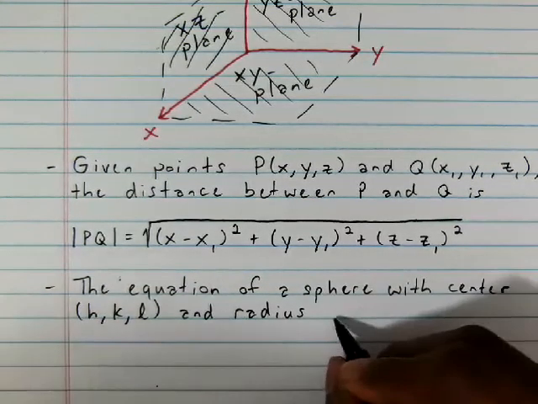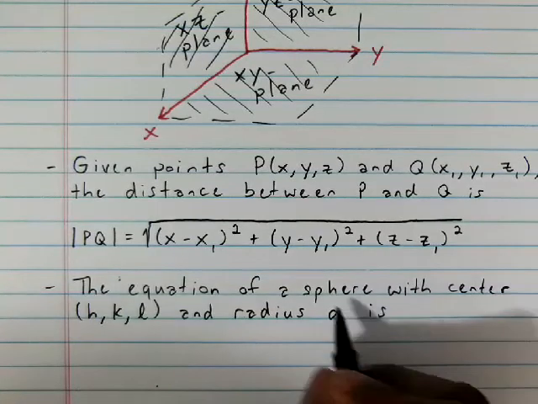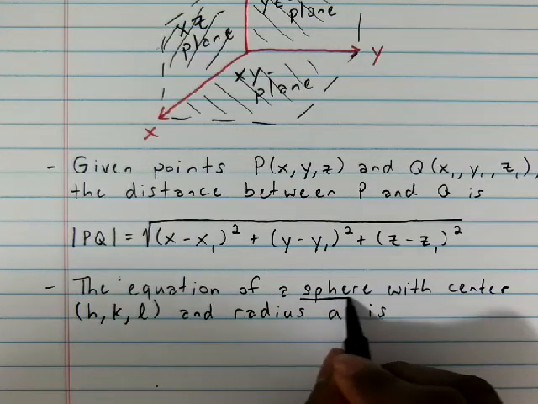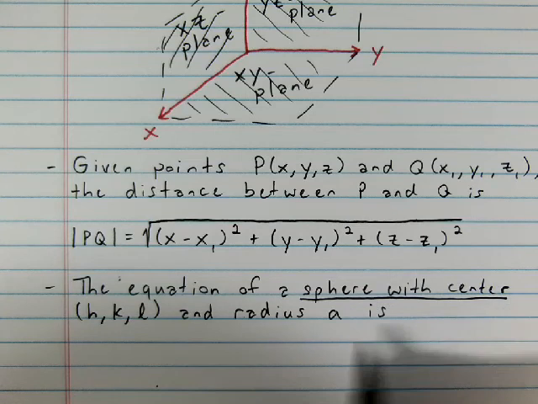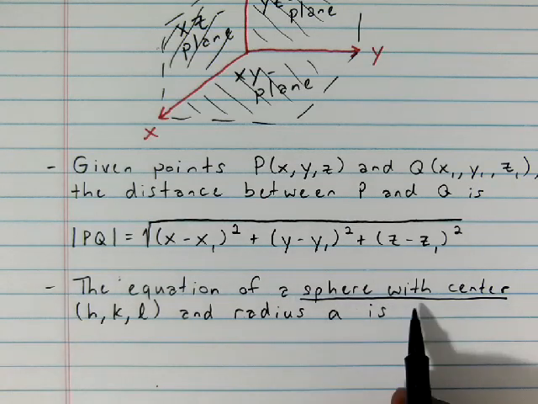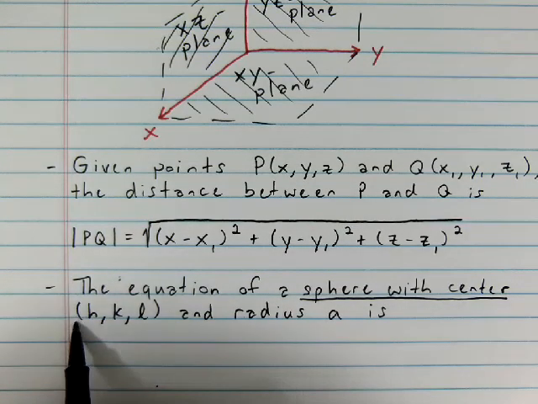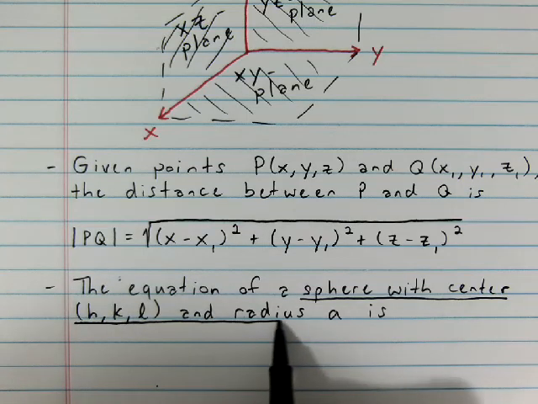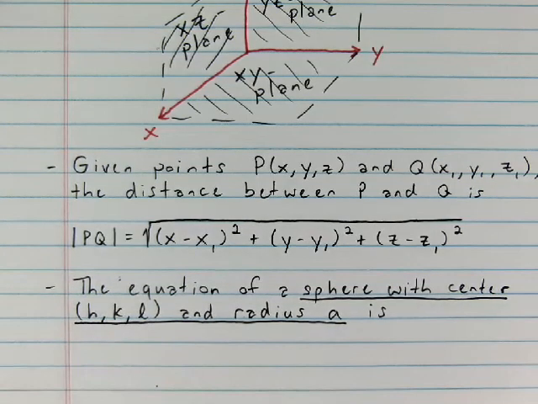And radius a. So remember, we don't want to just specify that something's a sphere. When we say something's a sphere, we want to talk about where is its center and what is its radius. So just like the analog, this will be a circle in 2 dimensions. And when we talk about a circle, we oftentimes want to know its center and we want to know its radius.